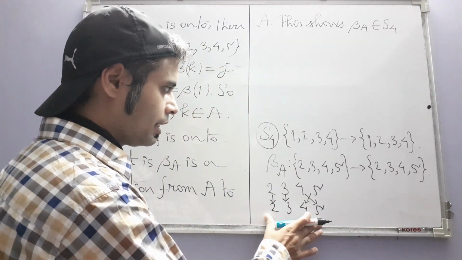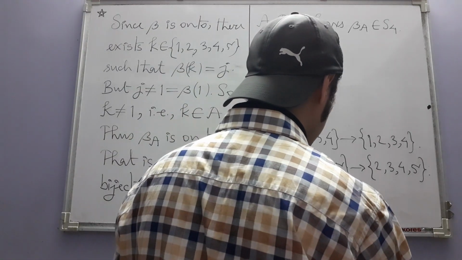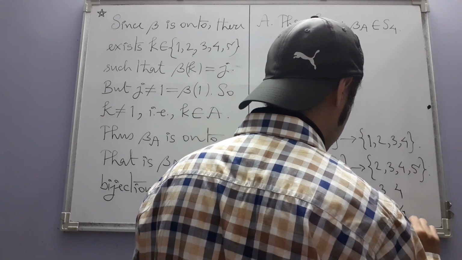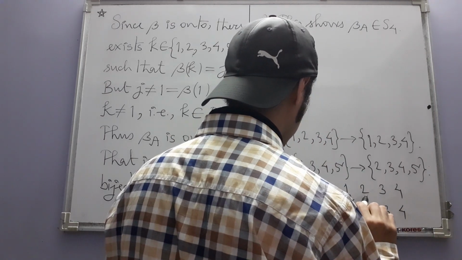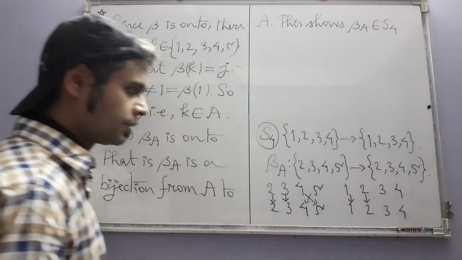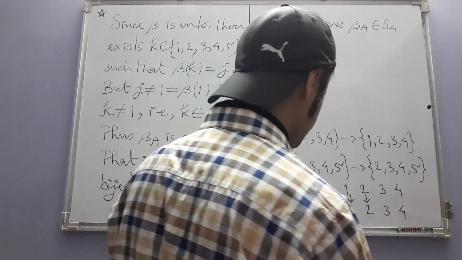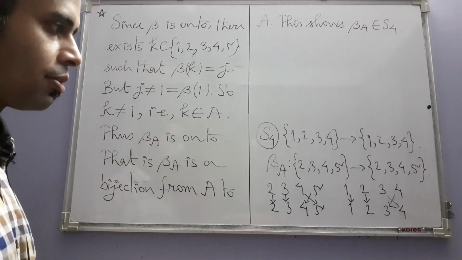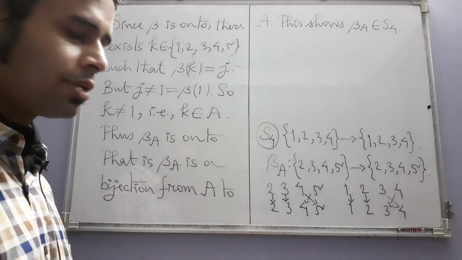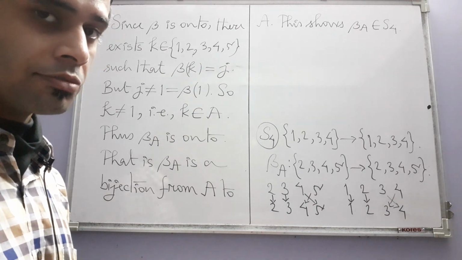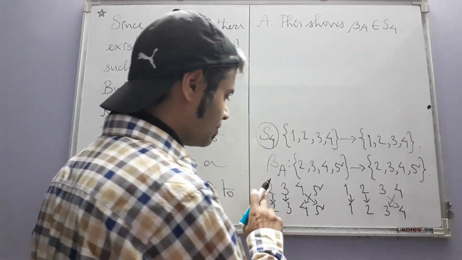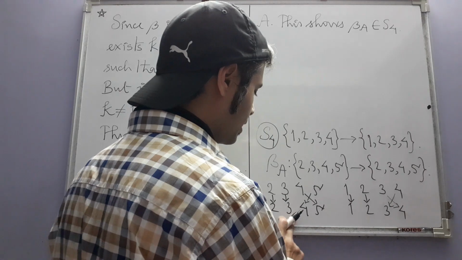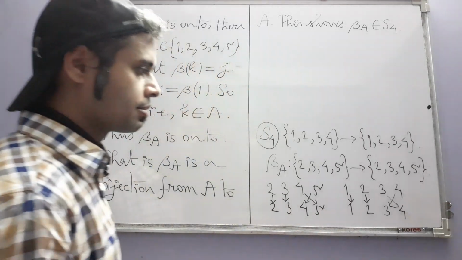In place of this beta A, here you can imagine a similar function that fixes 1, fixes 2, maps 3 to 4 and 4 to 3. Although the functions strictly speaking are different because they are acting on different objects, they have different sets as domain and different sets as range, but still their nature is exactly the same.